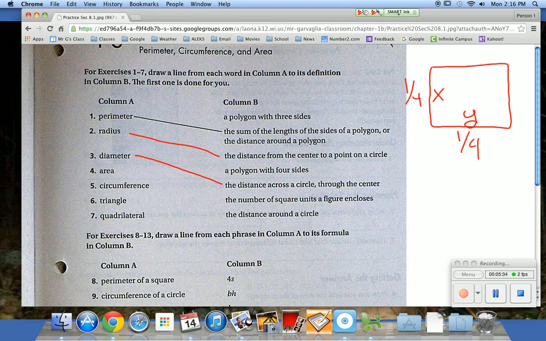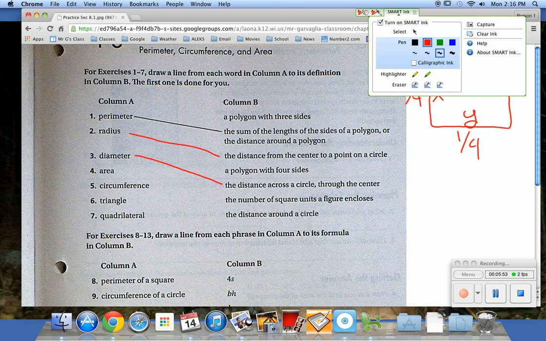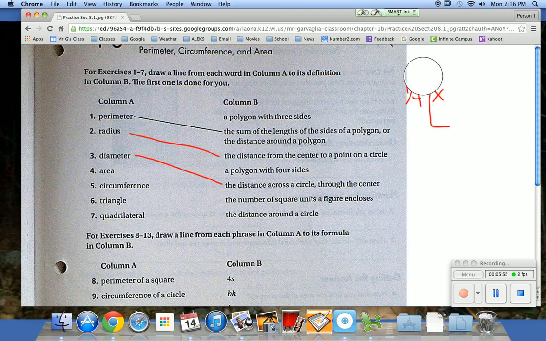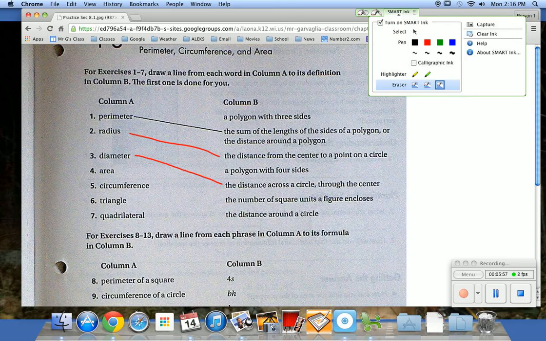All right. So if we're going to do area, in this case for a square or a rectangle, it's going to be, let's say, my height times my width, or my length times my width. That's how we figure out area. What is an area over here? What is it? Number of square units the figure encloses? Yes.